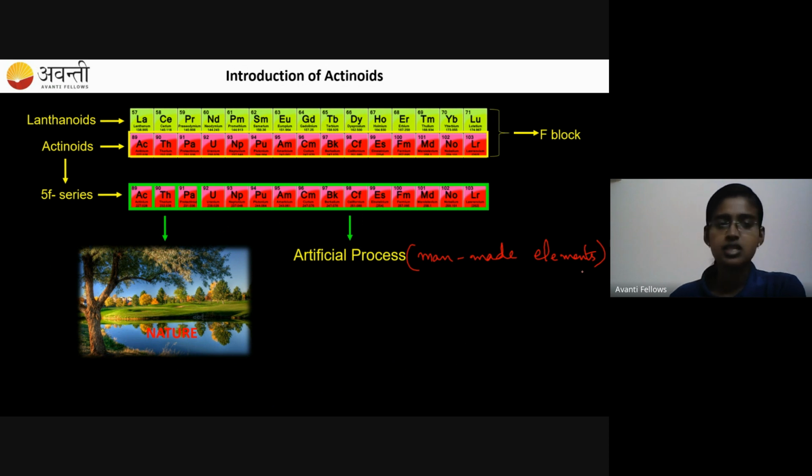So the first 3 are the elements present in the atmosphere. Got it? So most of the major elements of actinoids are man-made elements only, from uranium till lawrencium. This is very important.